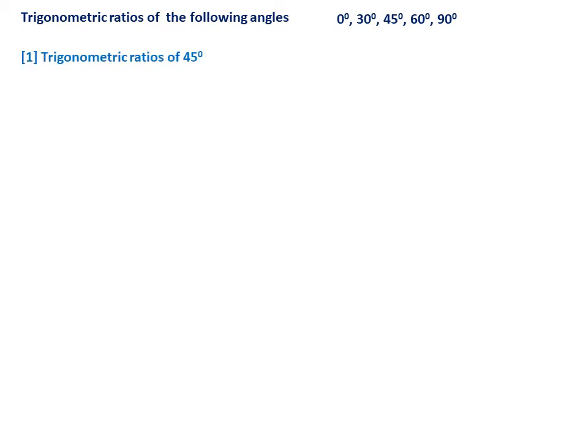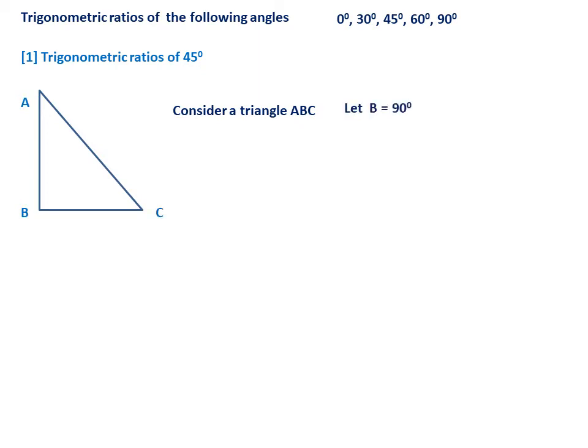Now, first let us find the trigonometric ratios of 45 degree. Consider the triangle ABC. Let B equal to 90 degree and let C equal to 45 degree. You know how to construct this type of triangle.